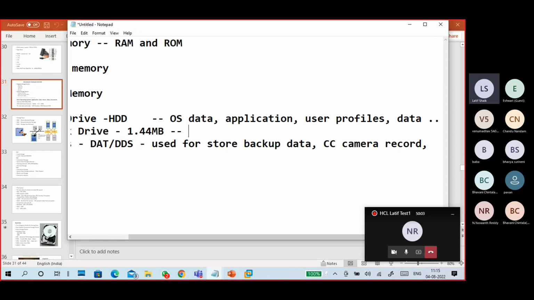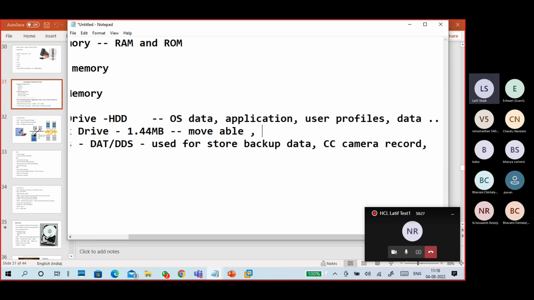Floppy disk is a movable, I have separated it for my understanding. It's a movable, meaning removable data. You can move data from one place to another place.